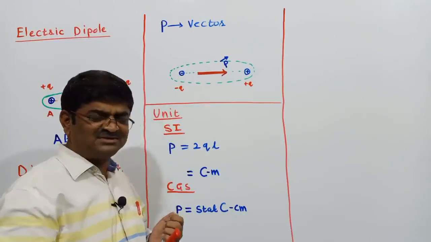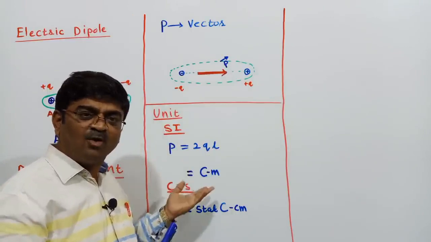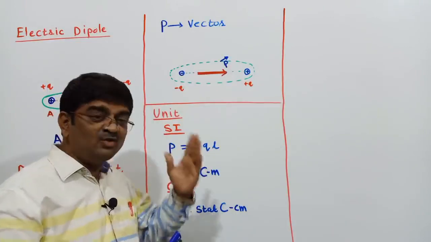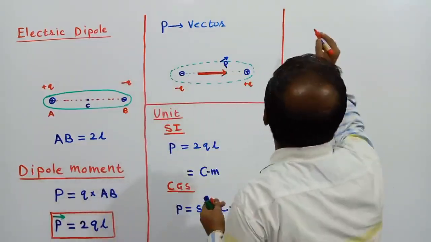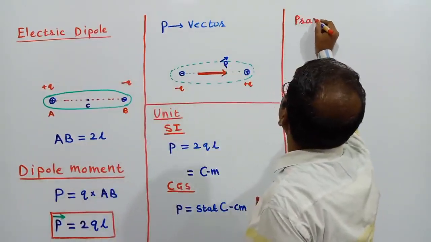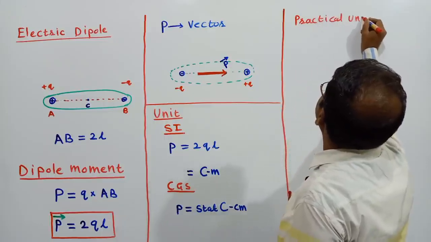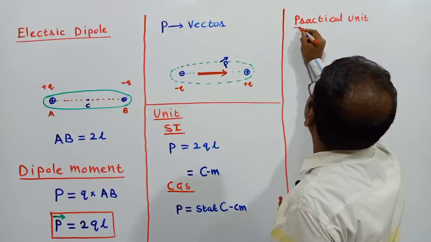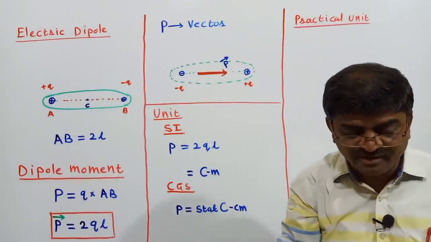Probably in first year you might have studied about dipole moment, and whatever the unit you might have come across there, that unit of the dipole moment we call the practical unit of dipole moment. And what is that practical unit of dipole moment?